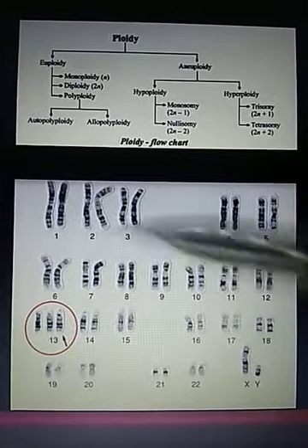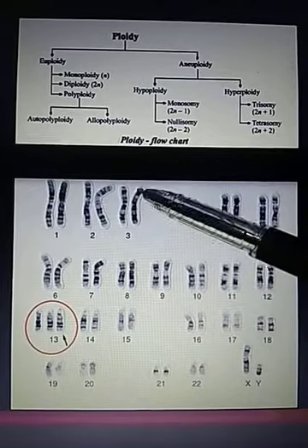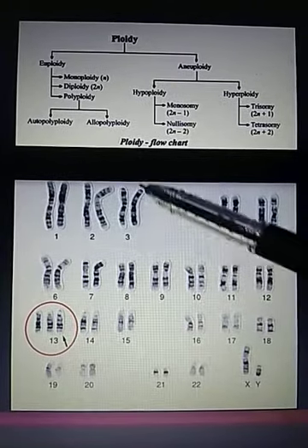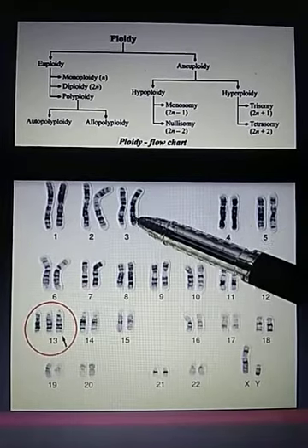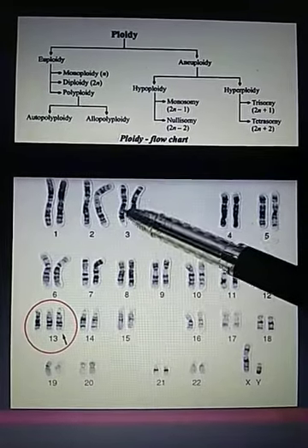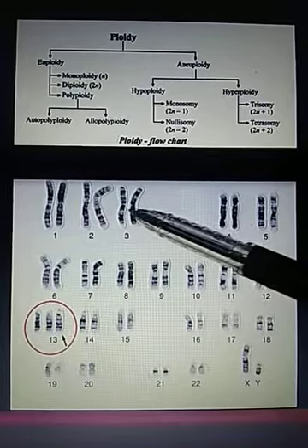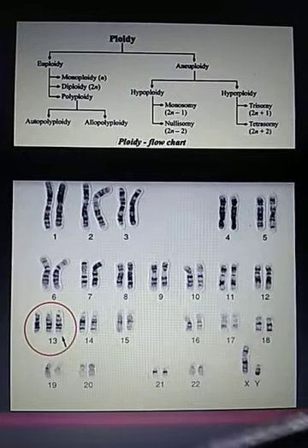To make it clear, just look at the karyotype. If one of the chromosomes, say chromosome number 3, from the pair gets deleted, then this is known as monosomy. But if both chromosomes of the third pair get deleted, then this is known as nullisomy.